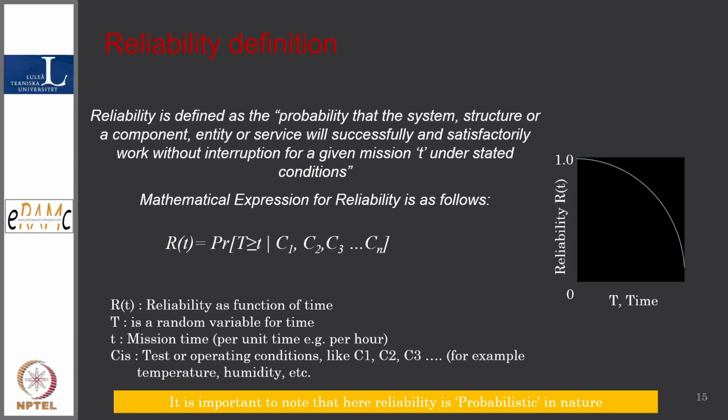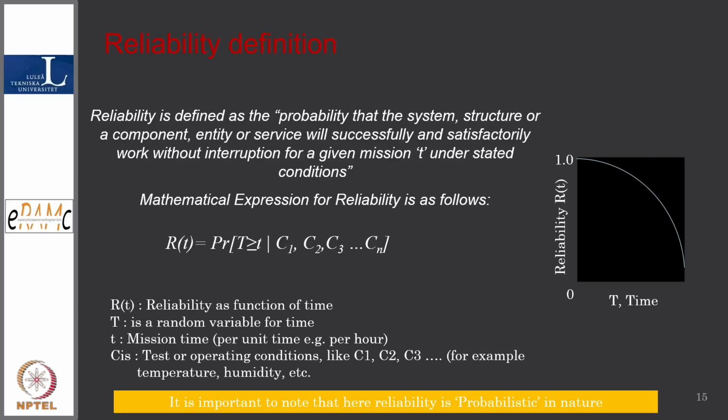You see them, mark them on your slides for effectively studying this subject. So what we say is the probability that the system, structure, component or entity, it could be entity, service, will successfully and satisfactorily work without interruption for a given mission T under stated conditions.